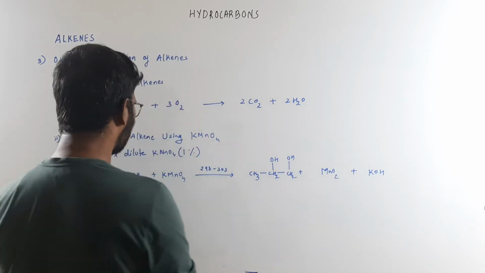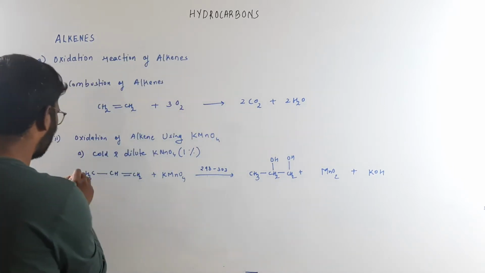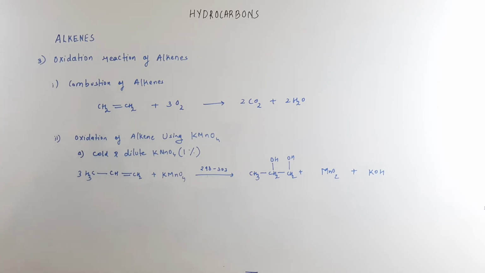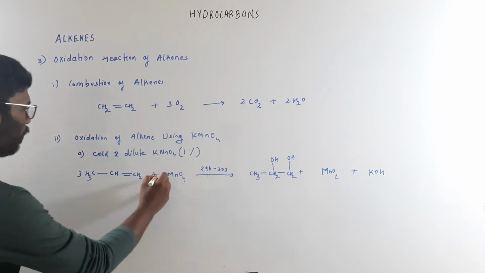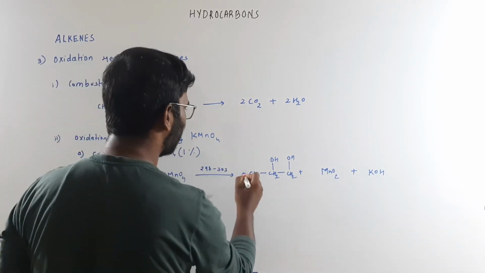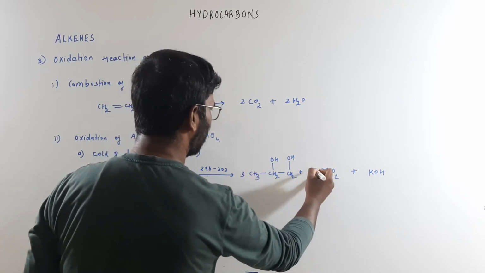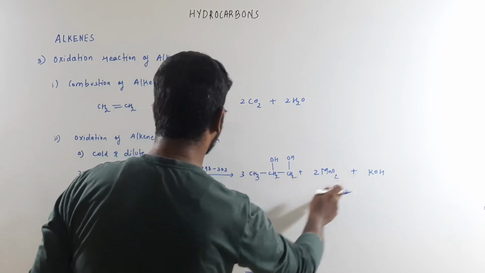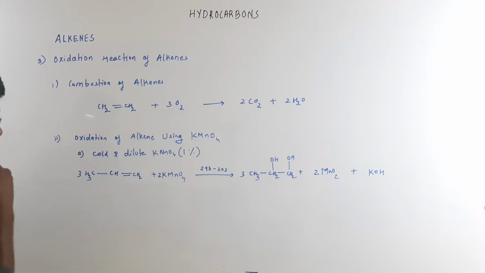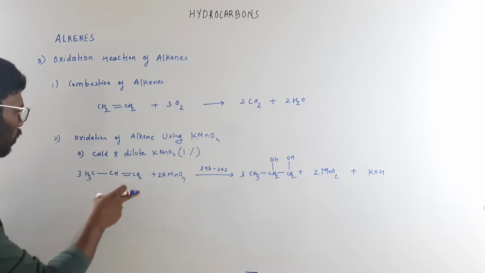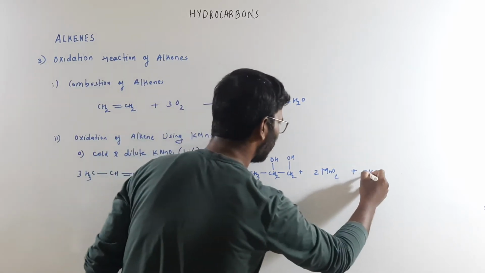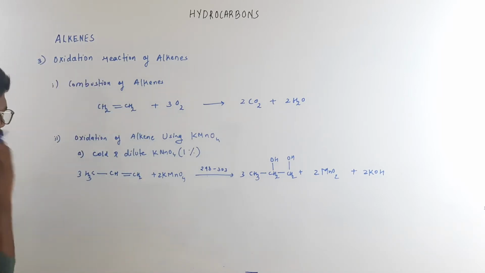To balance this, I'll put 3 over here, then 2, then 3, then 2, and we need to put 2 for potassium over here. And this is the balanced chemical equation.